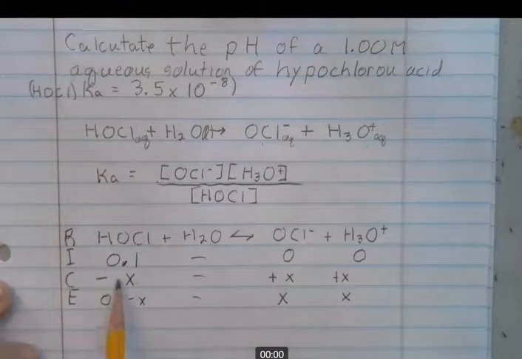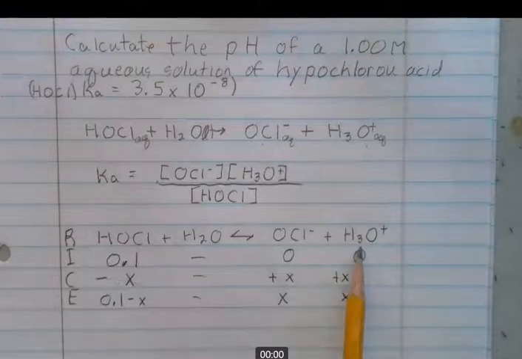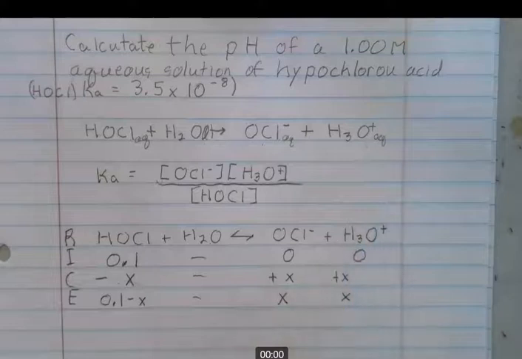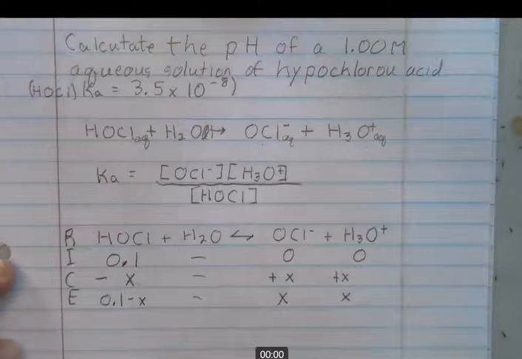So now we have an algebraic expression of our equilibriums, and that's what we're shooting for. We want to know the concentration of the hydronium, because once we know it, we can figure out the pH. So we just set this into an algebraic equation. Now we're going to look at something here.